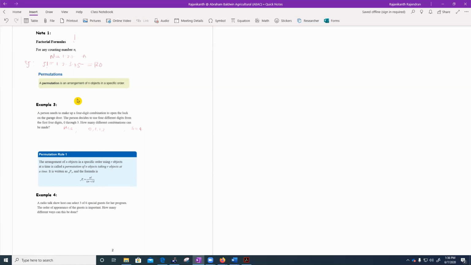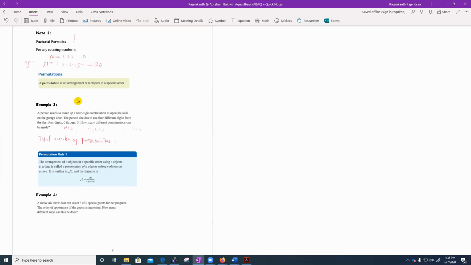I am free to choose any number among these 4. Therefore, the total number of possibilities is called the permutation for this problem.